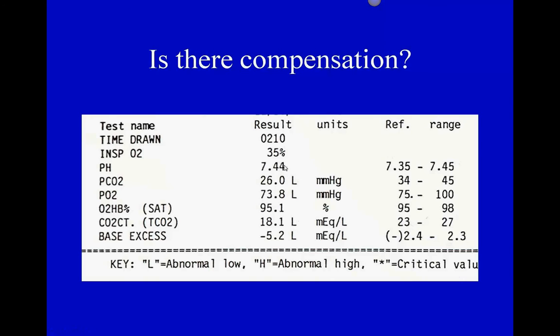And the disorder is, go back to your pH. I wrote alkaline beside this one. Which of these is causing that pH to be alkaline? Is it the CO2 or is it the bicarb? Well, it's not the bicarb, because when bicarb goes down, it causes an acid pH. So I'm going to name this disorder respiratory alkalosis.